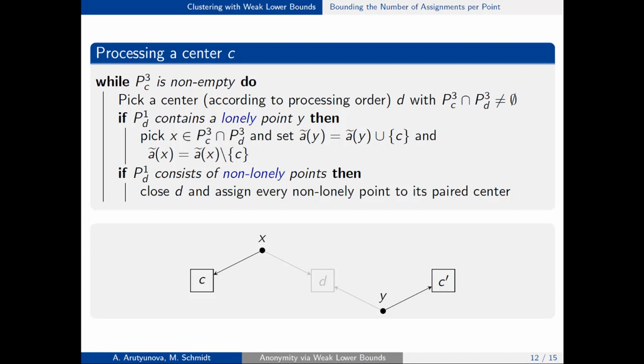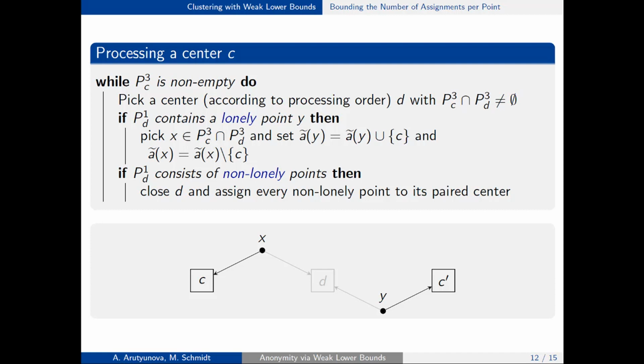So in the picture we have this non-lonely point Y, which is paired to the center C prime, and after closing D we reassign Y to C prime. In this case, the cardinality of PC3 may not decrease, but at least X is assigned now to 1 point less, so if this happens enough times, we achieve this way that this set PC3 is empty.